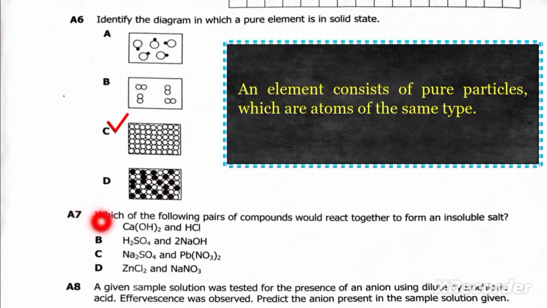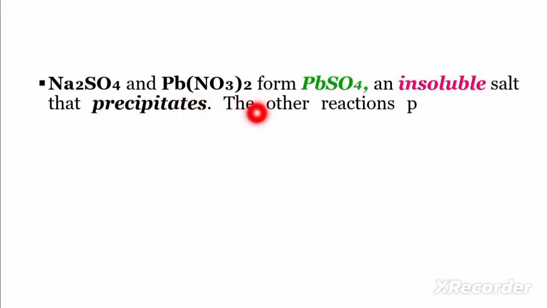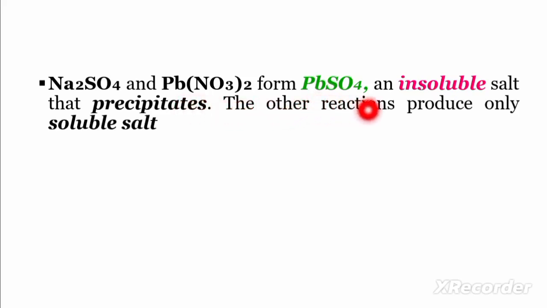Question A7, which of the following pairs of compounds would react together to form an insoluble salt? Okay, to form an insoluble salt. So to answer this question, we need to remember that sodium sulfate and lead nitrate form an insoluble salt that precipitates.